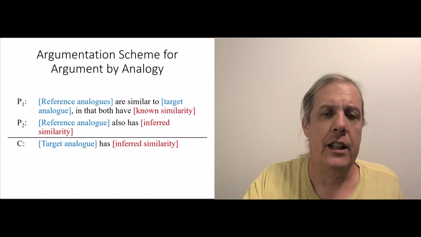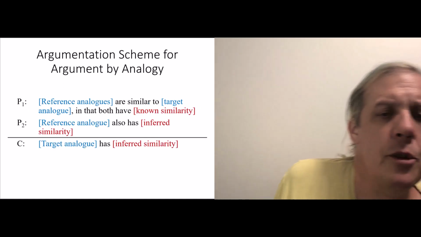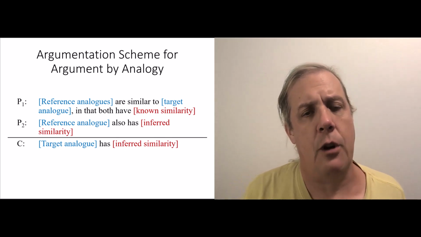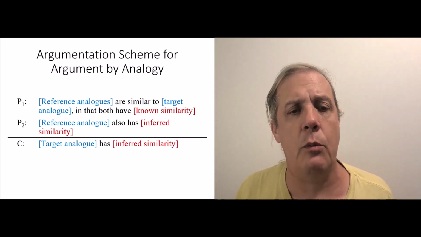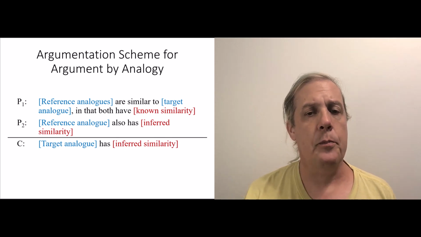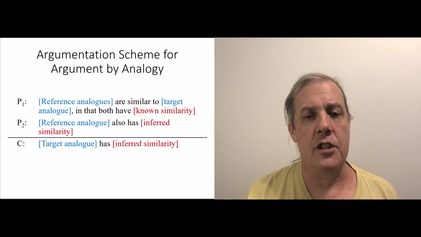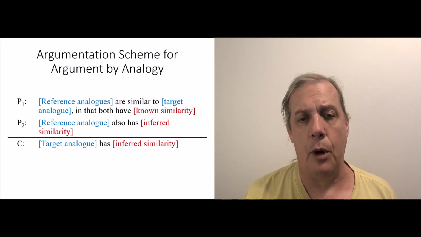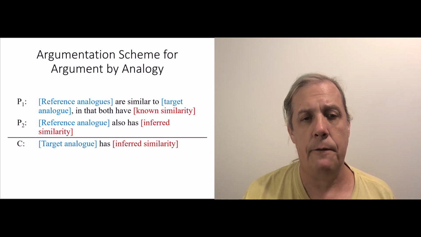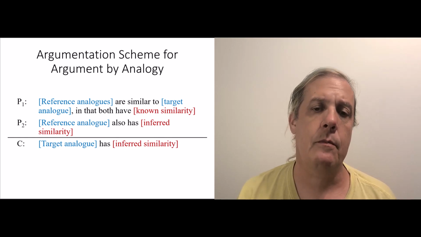So that gives us our full argumentation scheme when we substitute in the kinds of similarities. So reference analogs are similar to target analogs in that both have known similarity. Reference analog also has inferred similarity, therefore target analog has inferred similarity, right?